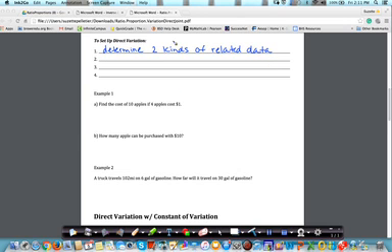And then we're going to write 1 pair of data as numerators, and we're going to write the other pair of data as the denominators.